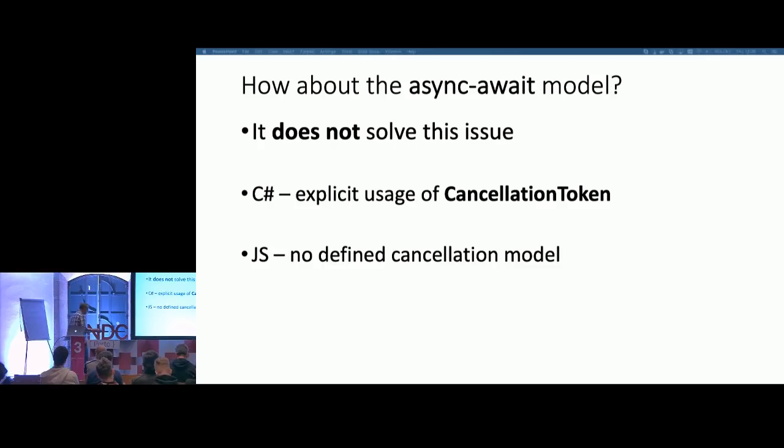In JavaScript, there isn't any model, because there isn't any predefined way of canceling promises. It's under specification, but there isn't any consensus yet. So I don't have any solution here. I think most of the code bases have this problem. However, the effect of this problem most of the time is hidden.